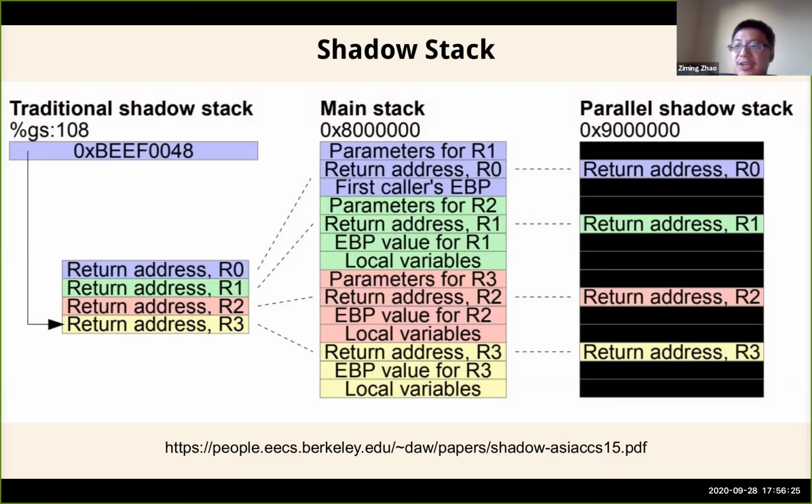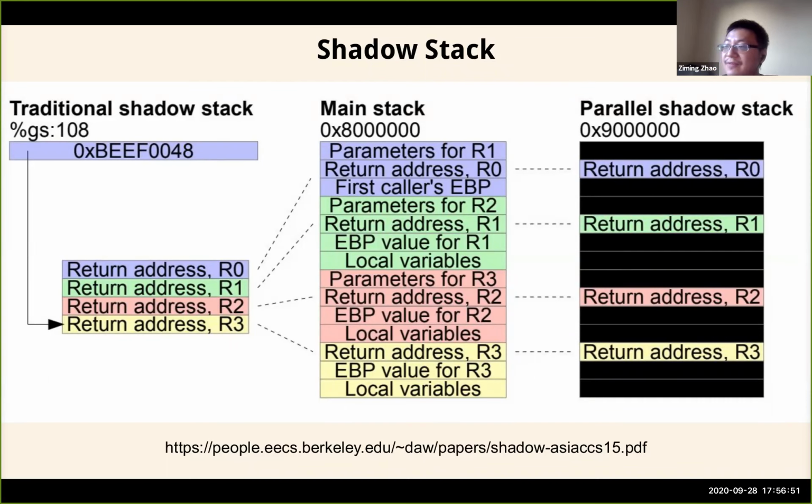So the idea of a shadow stack is, in addition to saving those return addresses onto the original stack like this, we save another copy of those addresses in a safer place. Of course, there is another issue: how can you find a safer place? How do you know that the other place is safer?